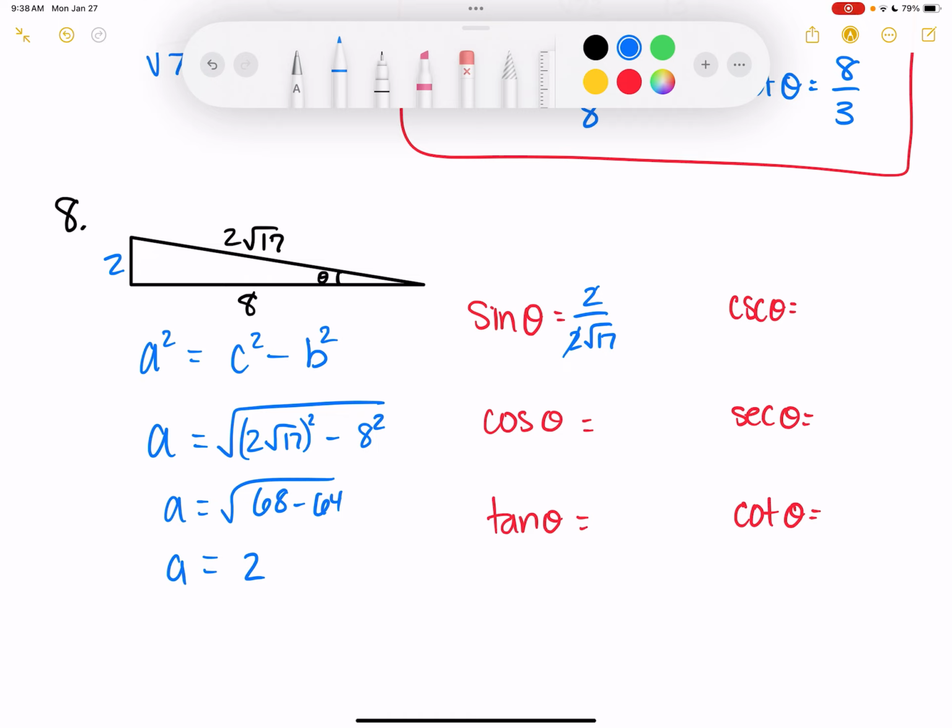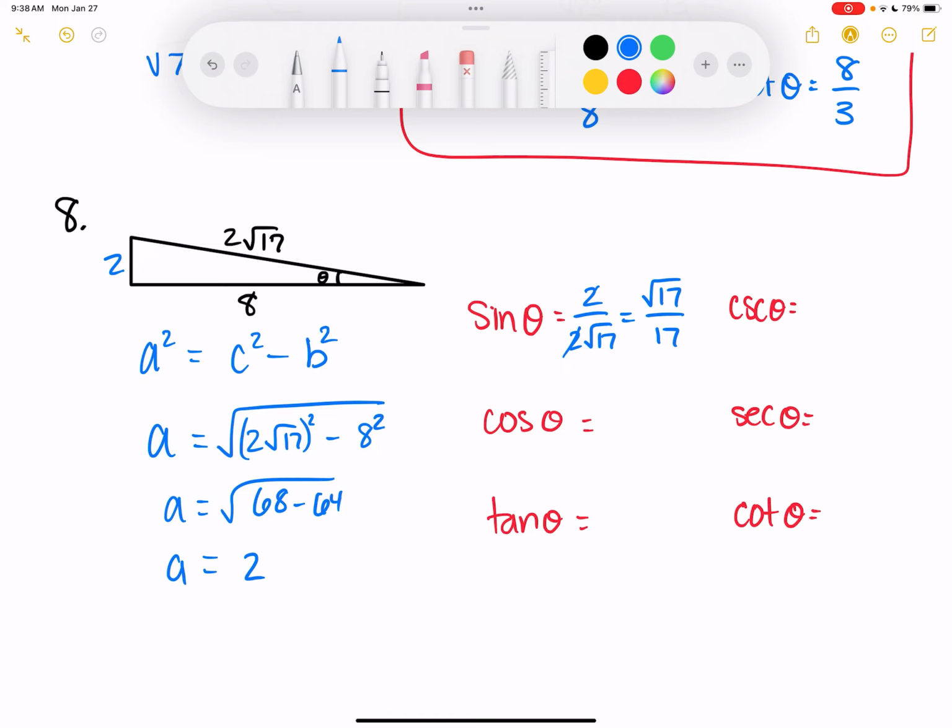Multiply the root 17 on top and bottom. Yep, you get it. Thanks, Mason. You're welcome. So square root of 17 over 17, because the 2's canceled.